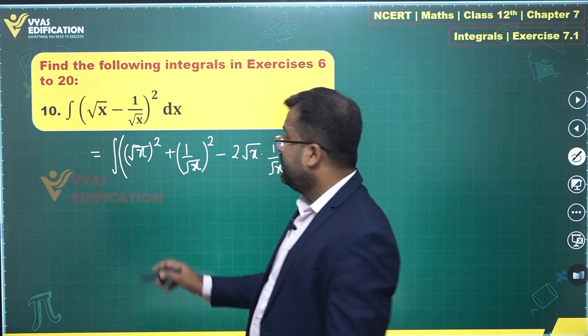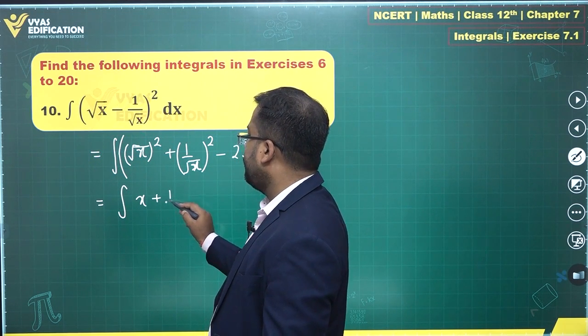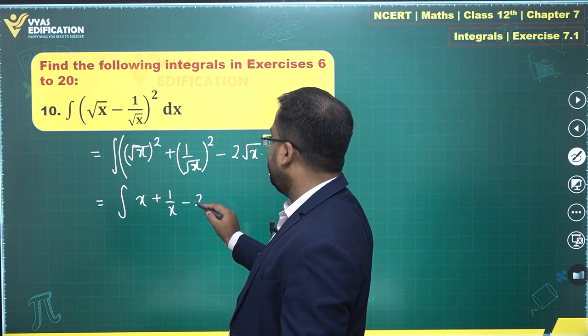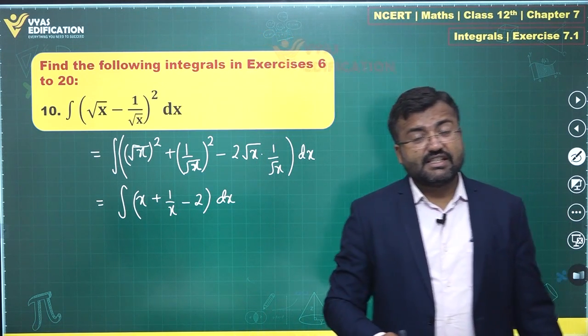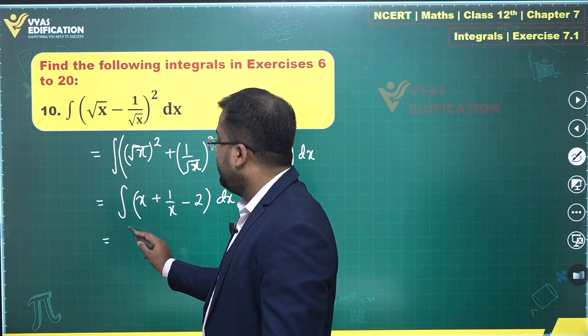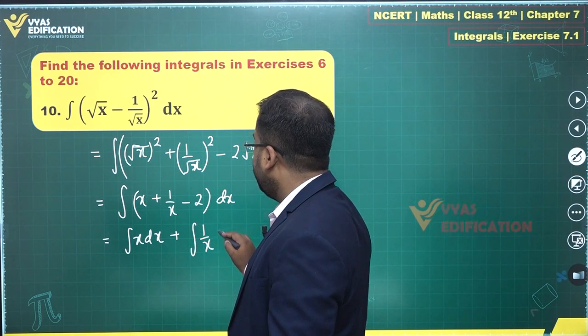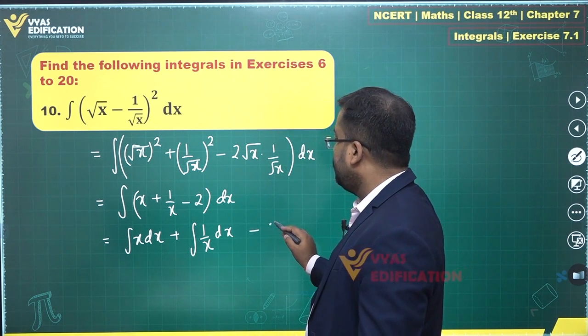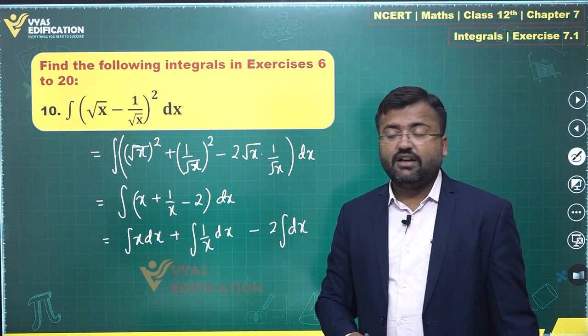Once you use this, what remains is x plus 1 upon x minus 2 dx. And now you can integrate this very easily: integral of x dx plus integral of 1 by x dx minus 2 times integral of dx. This is what it will break into.